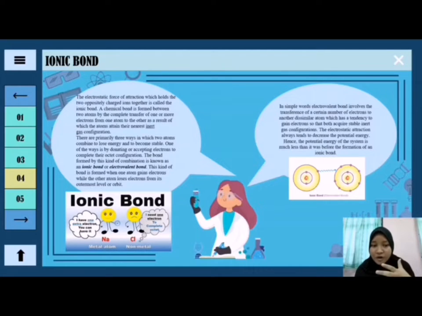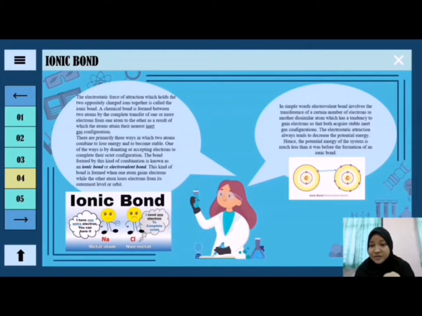This kind of bond is formed when one atom gains electrons while the other atom loses electrons from its outermost level or orbit. In simple words, an electrovalent bond involves the transference of a certain number of electrons to another dissimilar atom which has a tendency to gain electrons so that both acquire stable inert gas configuration.